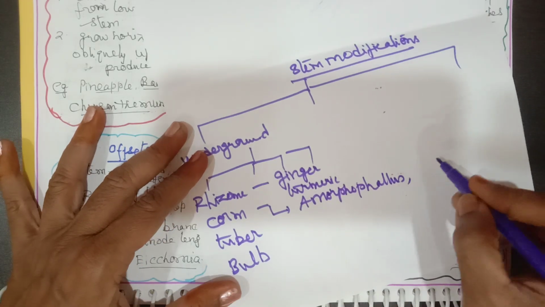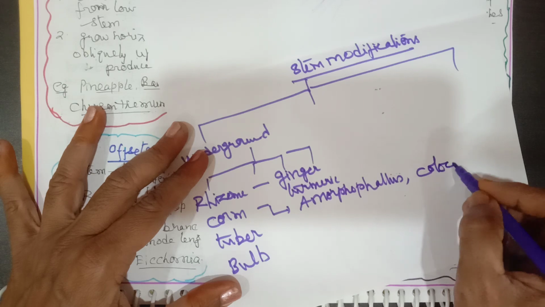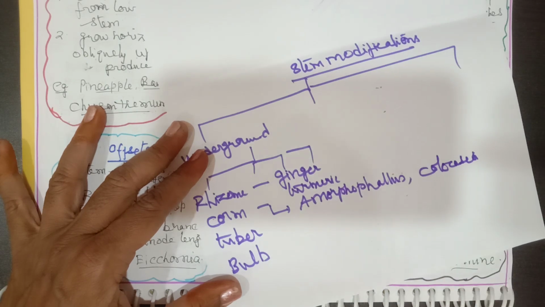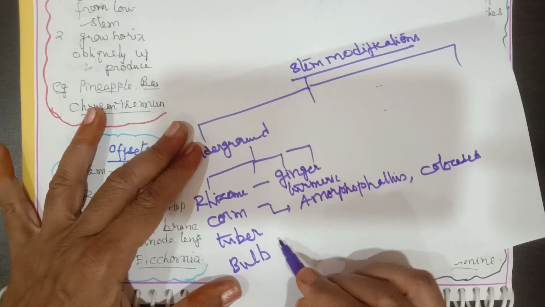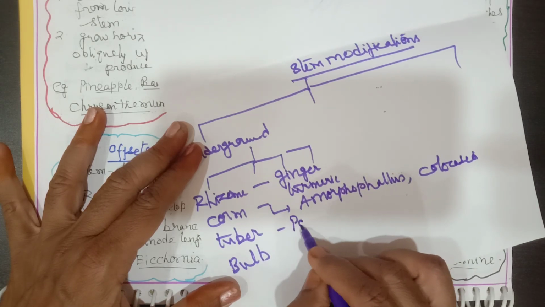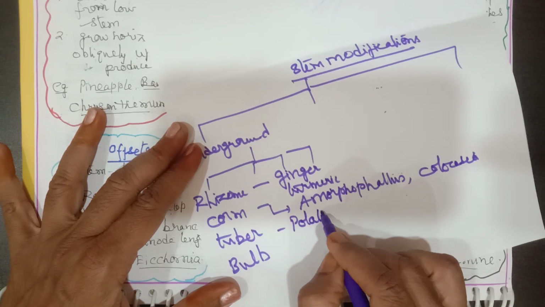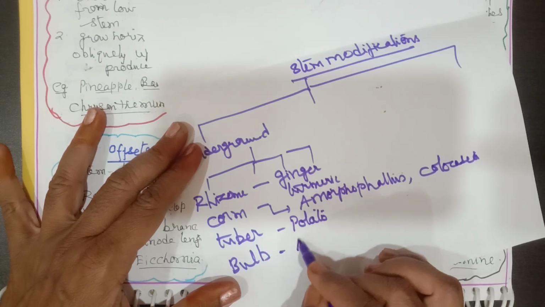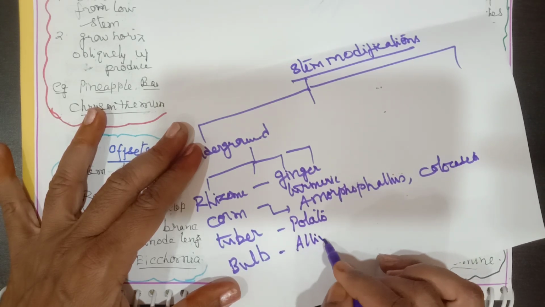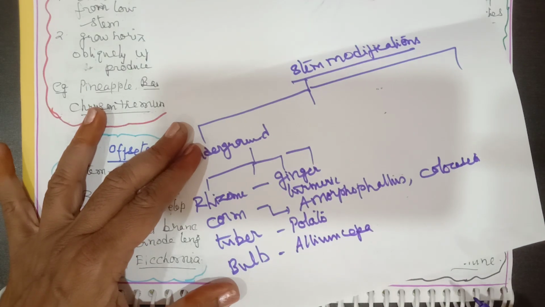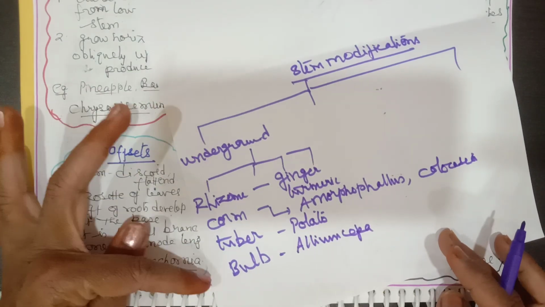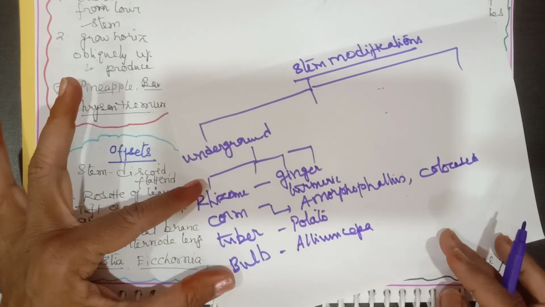Similarly, tuber, we have done the example of potato. Bulb, example of Allium cepa, that is onion. So this way all underground stems you can write.